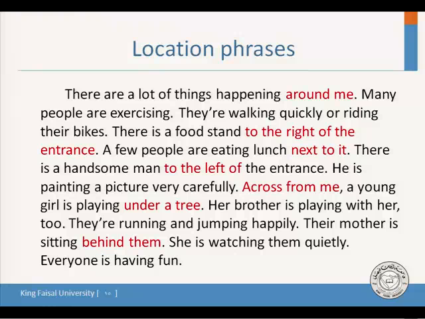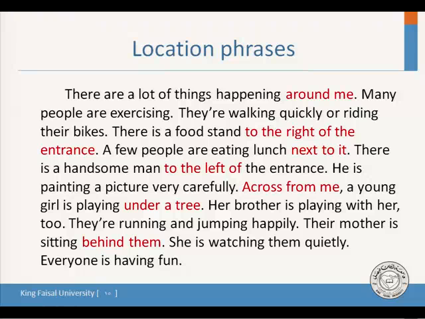Around me, happening around me. To the right of the entrance. Next to it, next to somebody, beside something or somebody. To the left of, this is my left, to the left of the entrance, to the left of the door, the gate.